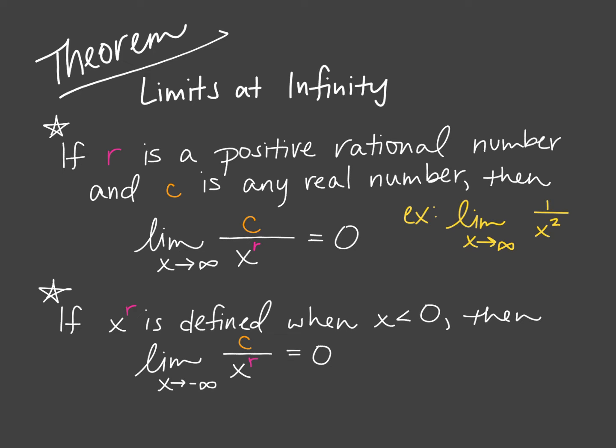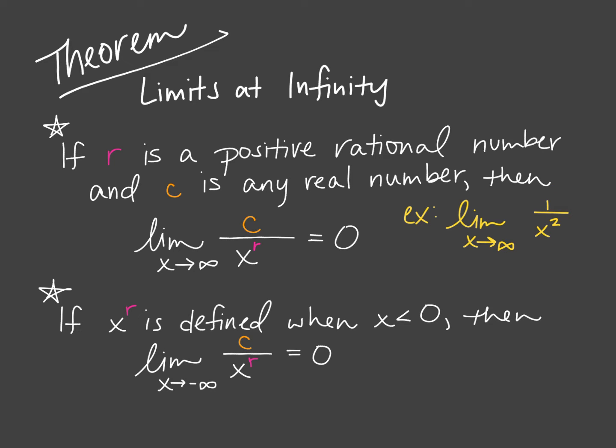Let's see how that fits this theorem. First of all, c is any real number. I just picked 1. Then x to the second, so r right here. Is it positive? Yep. Is it rational? Yep. Awesome. So the limit as x approaches infinity of 1 over x squared, for example. This means x is getting very, very big, right?